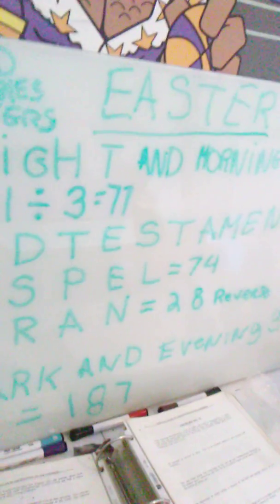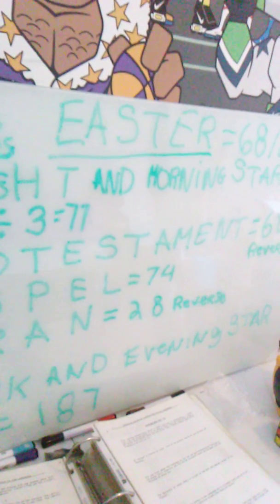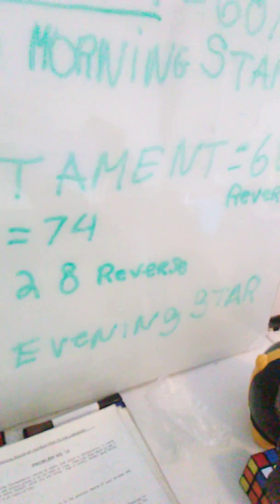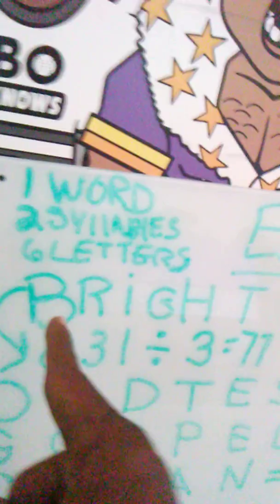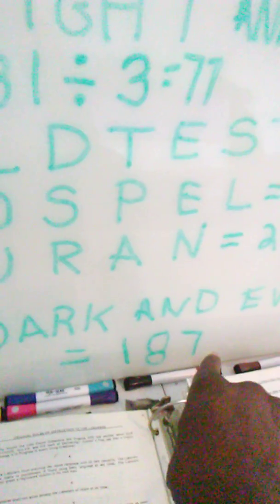Do the math, as they say, right? And if it adds up, and if it's that right and exact, we can clearly say that Jesus is Lucifer. That same dark and evening star is that same bright and morning star, Venus. So we're talking about the number 187, the number for murder.